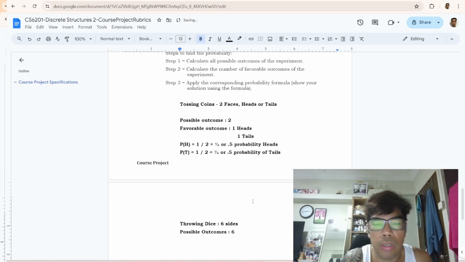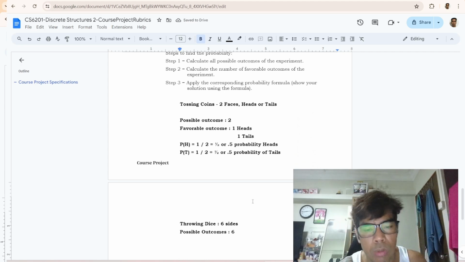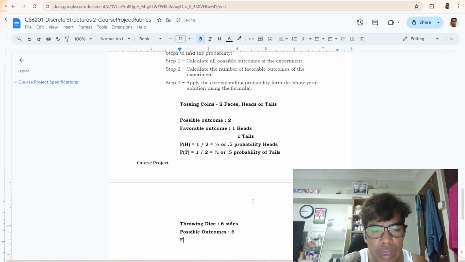The favorable outcome for getting 1, 2, 3, 4, 5, or 6: since there are 6 faces, the favorable outcome of getting each number is 1.